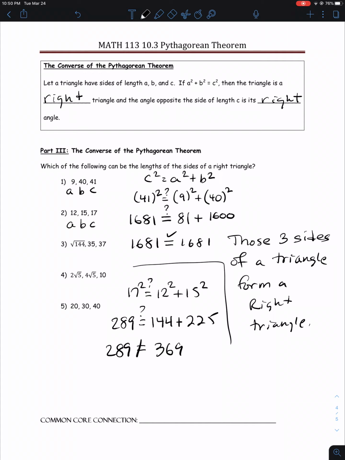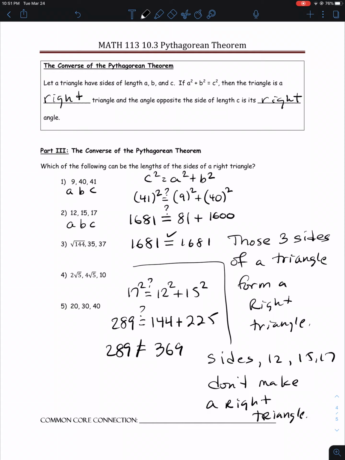It doesn't mean it's not a triangle, it just means it's not a right triangle. So the sides 12, 15, and 17 don't make a right triangle. It's still a triangle, it's just not a right triangle, which is what we were looking for.